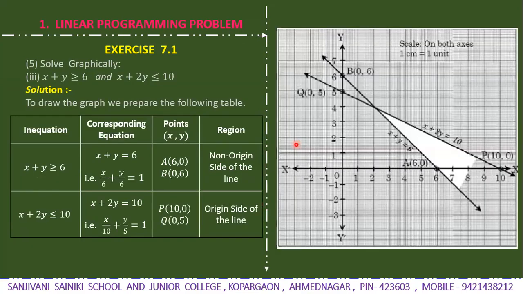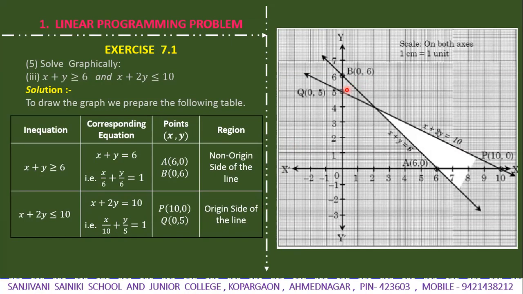The third one, on the same line: we have to take the corresponding inequations, then the corresponding equations in double intercept form, and get two points on the coordinate axis. Just plot the graphs, and when you are plotting the line, at that time only decide the region for that particular line.